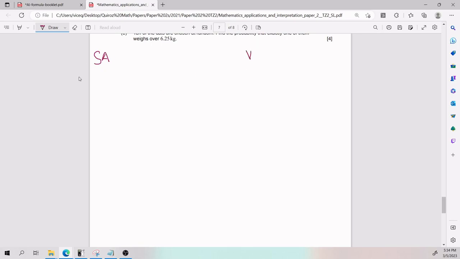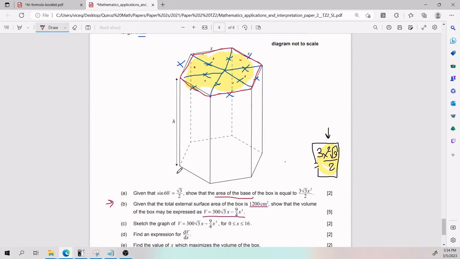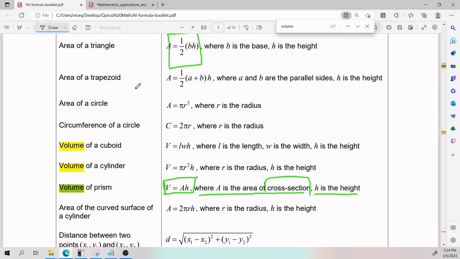Alright. So surface area of this figure, there is usually not really like a formula for the surface area of an entire sort of object or shape or whatever. But you do have surface area for many other things in your formula booklet.